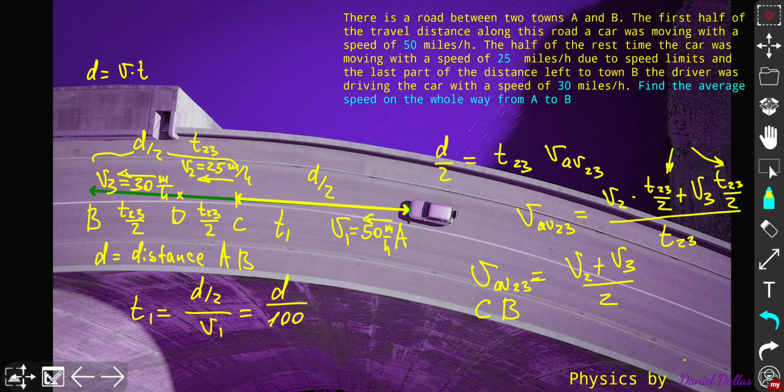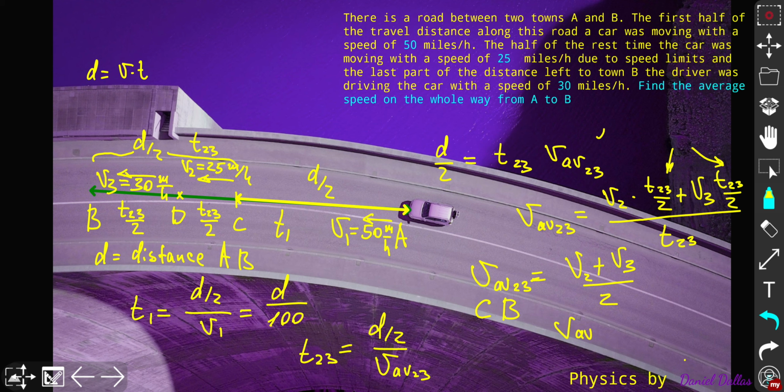Okay, and the second time interval, T2/3, from that formula, it's simply d/2 over V average on the interval 2/3. And this V average we can calculate right now.